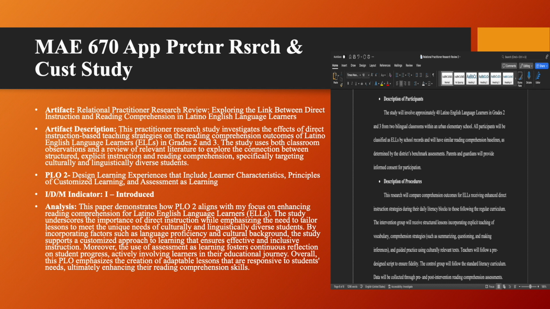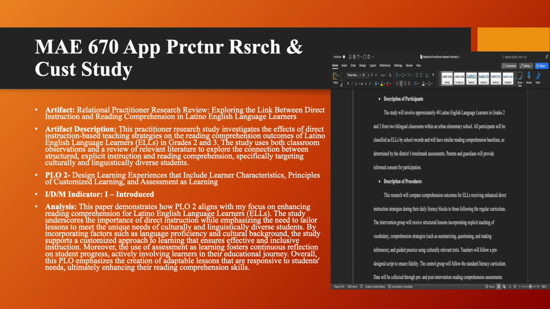The study underscores the importance of direct instruction while emphasizing the need to tailor lessons to meet the unique needs of culturally and linguistically diverse students by incorporating factors such as language proficiency and cultural backgrounds. The study supports a customized approach to learning that ensures the effectiveness and inclusiveness of instruction.